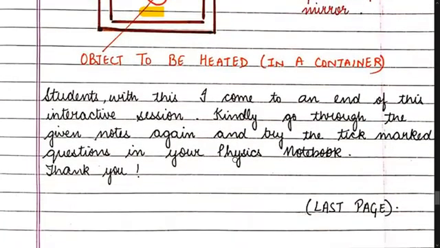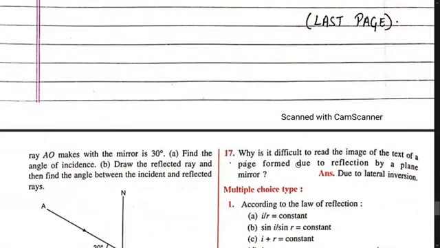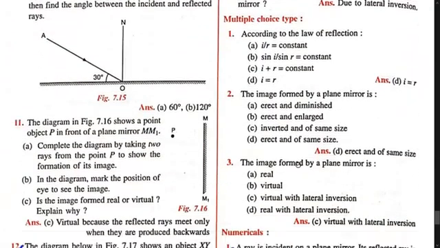So students, with this, I come to an end of this interactive session. You all are requested to go through the given notes again and try the tick-marked questions in your physics notebook.